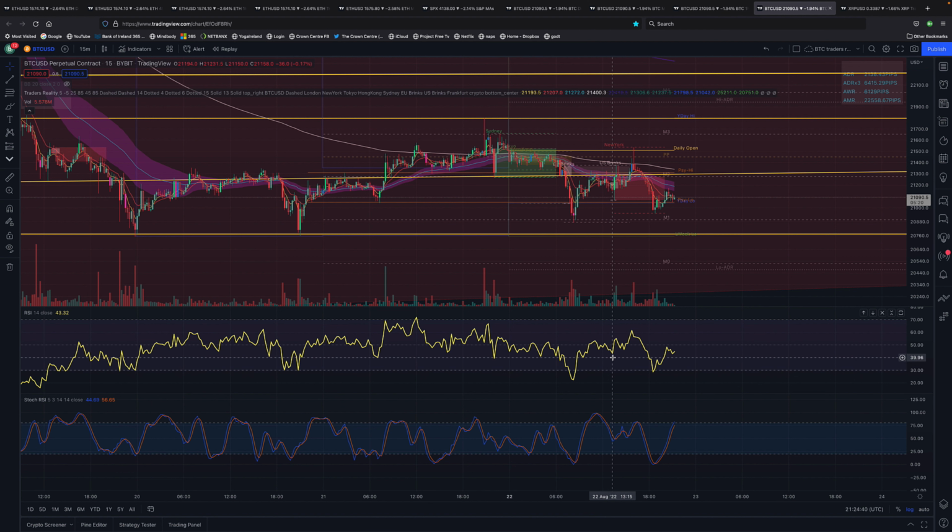So I waited for this candle to switch green, because green means the buyers are dominant. It's not as strong as the blue one, but the buyers are dominant. So that's one of the moments I switch it on.